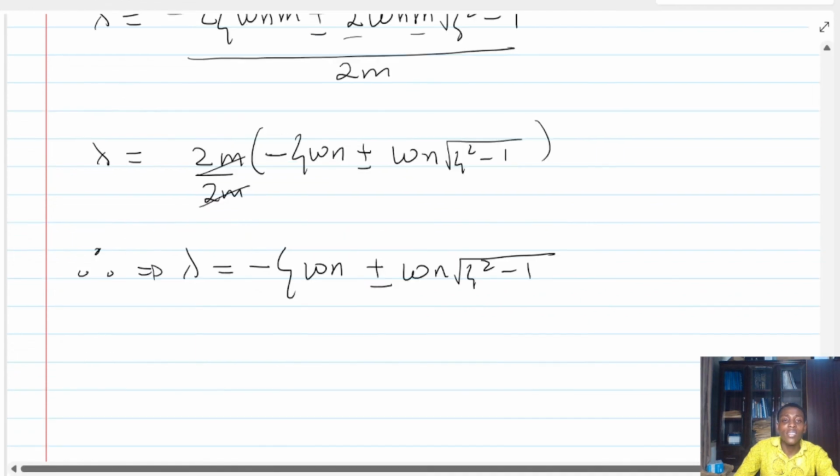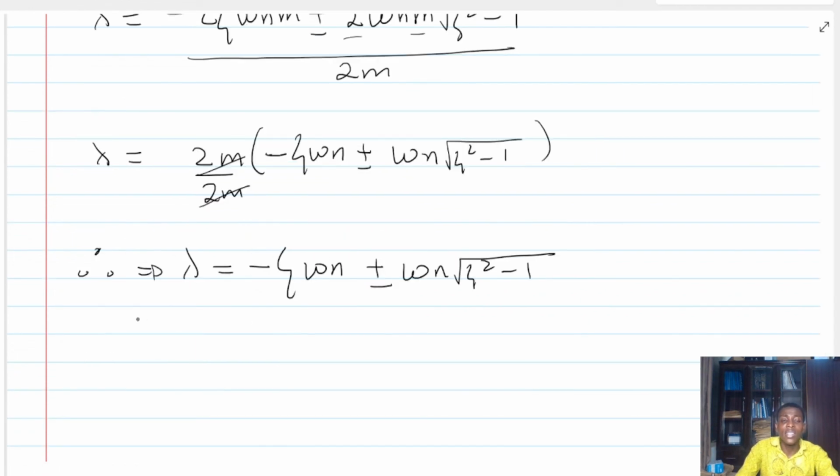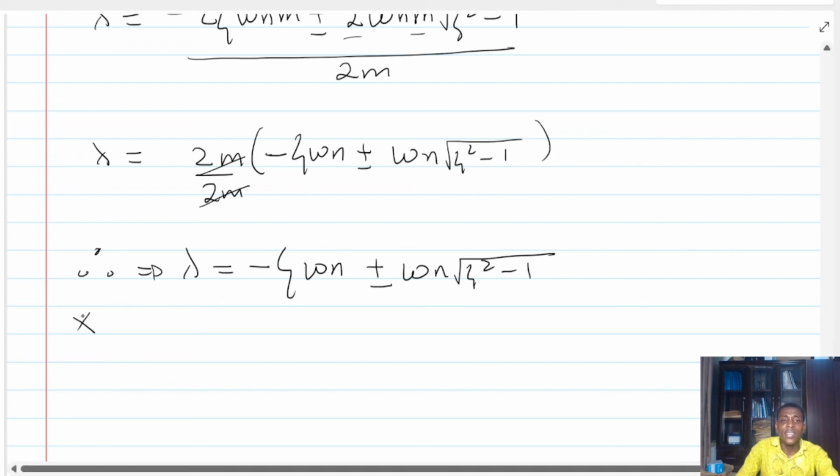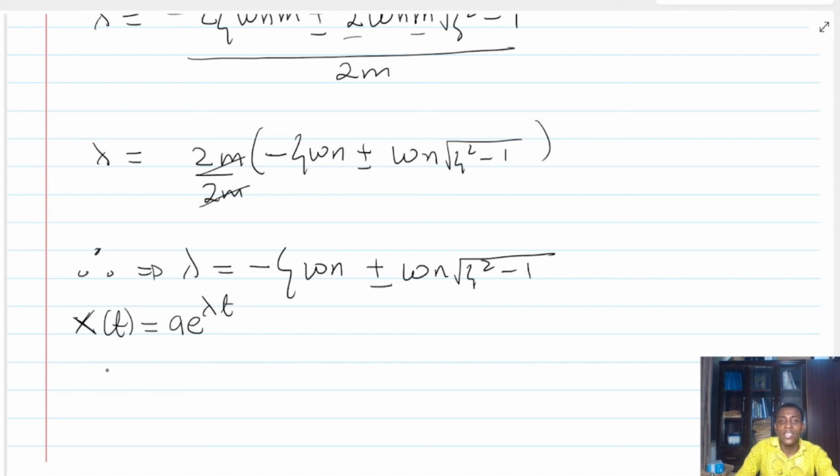In fact, what this is saying is that earlier on, I said that x of t is A e to the lambda t. And interestingly, this is my lambda.